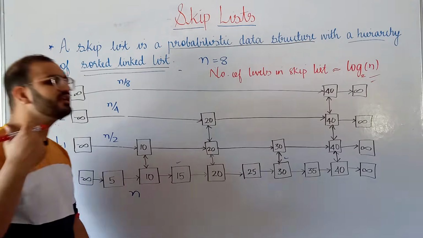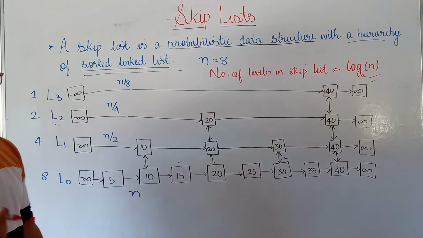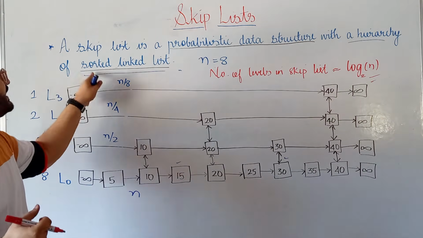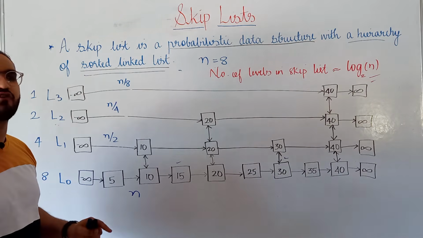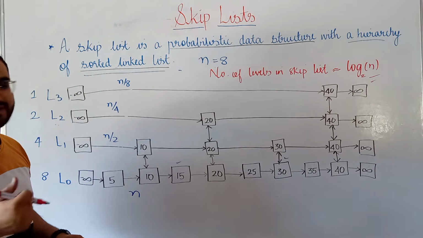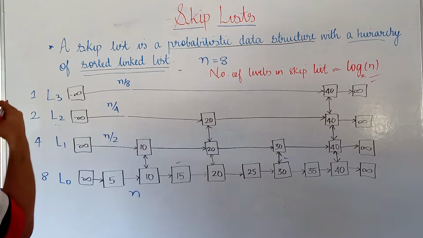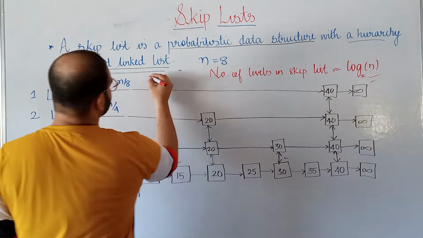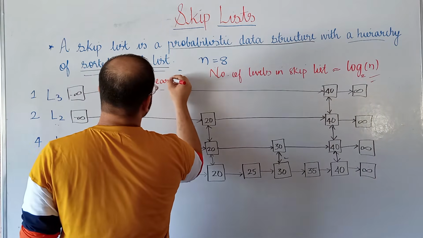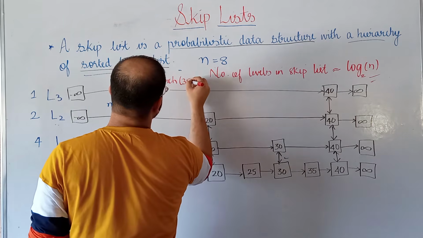So now earlier we saw that the time complexity of the search operation in a simple sorted linked list was order of n, right? But how do we do the search operation in this skip list? Suppose we want to search for 35.